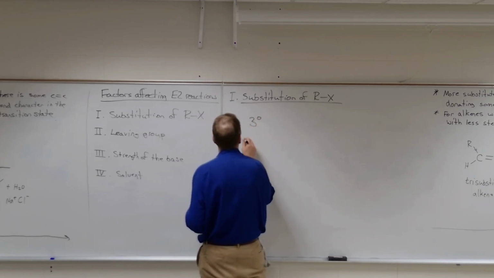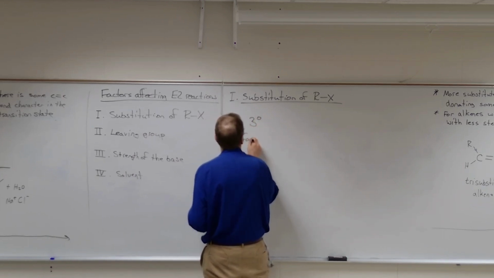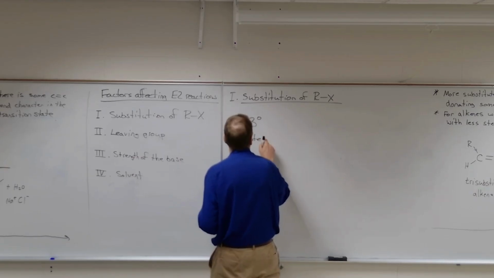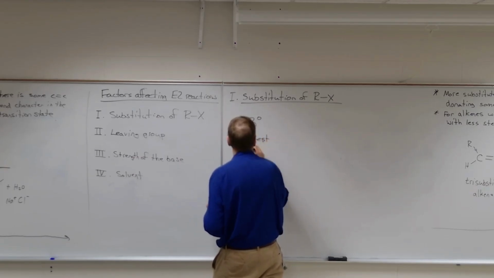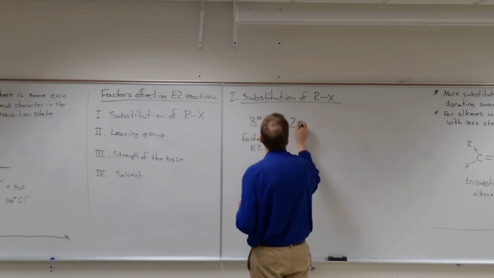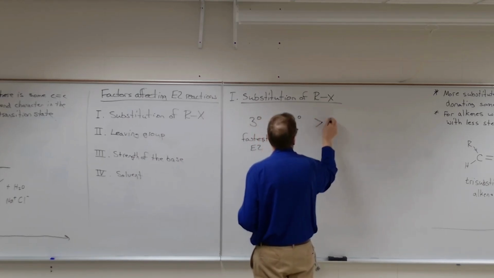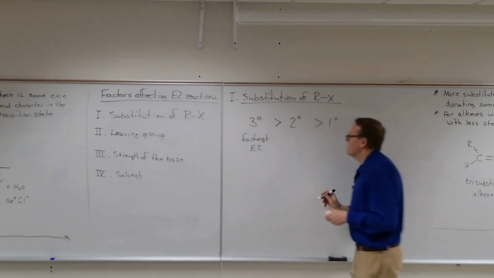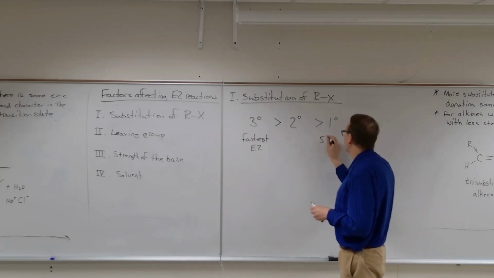Tertiary alkyl halides actually give the fastest reactions, fastest E2. Secondaries are slower. Primary alkyl halides give slowest E2.